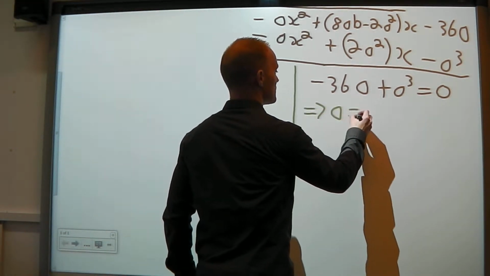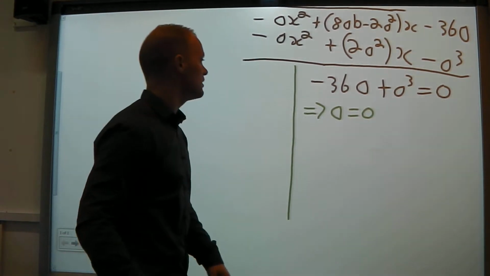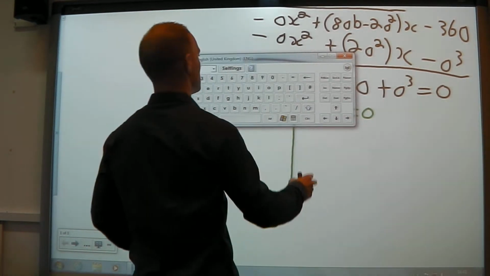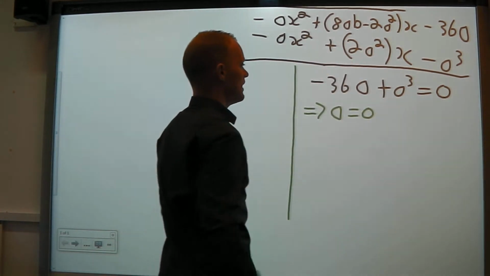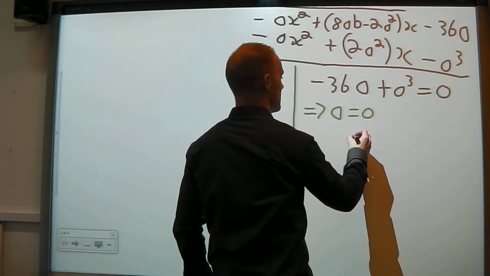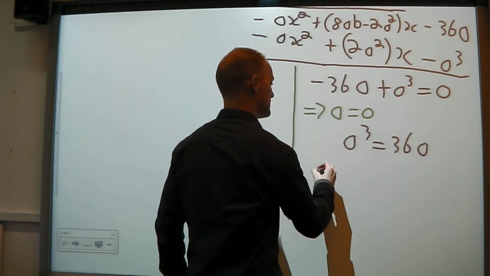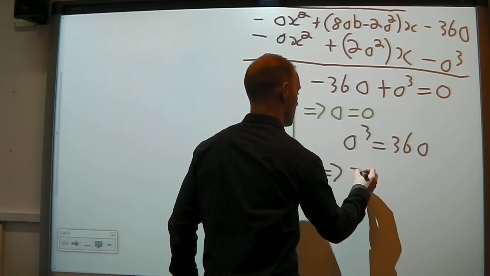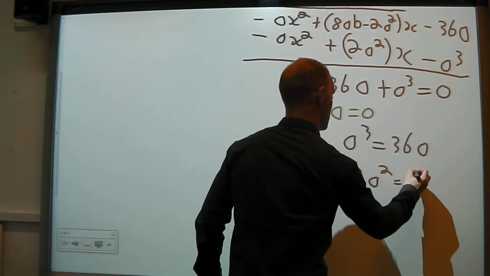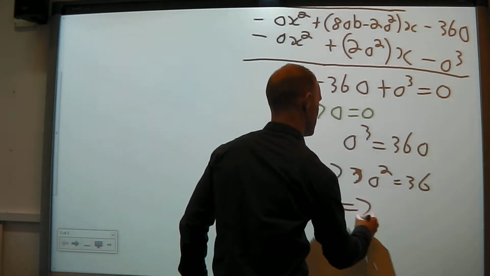So that is one solution right there. And our next solution is a cubed is equal to 36a. And that implies a squared is equal to 36, and that implies a is equal to plus or minus 6.